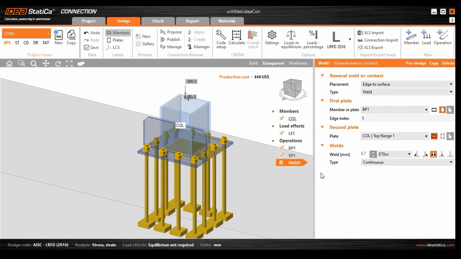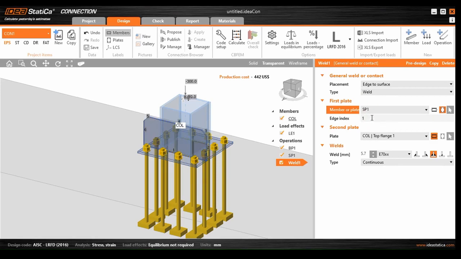In this particular weld I want to define a line of weld that connects SP1 to column on the right side. On the right side, select edge to surface and then select weld here. In the first plate part, choose SP1.